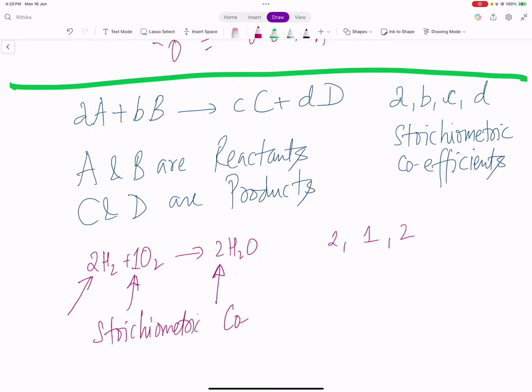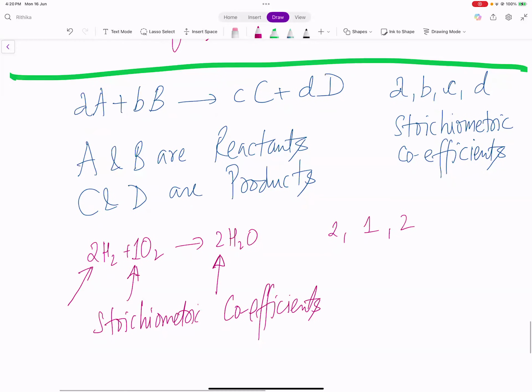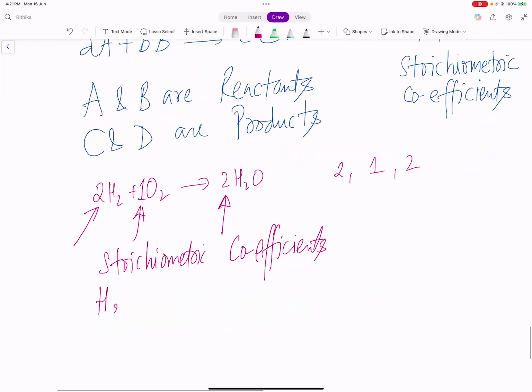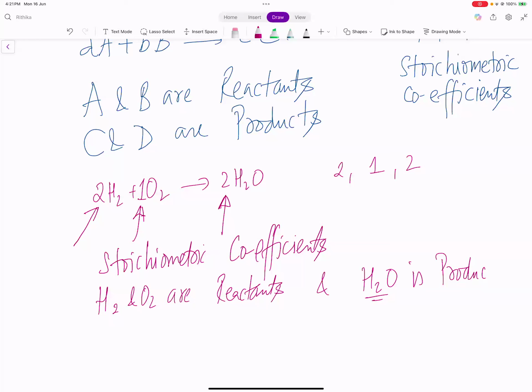H2 and O2 are reactants, and H2O is the product. And the equation must always be balanced.